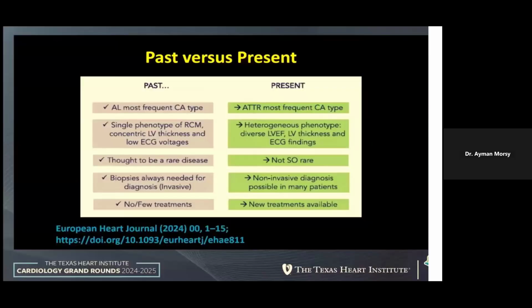From past versus present, what we thought in the past and what we think now. Before, we considered AL amyloid the most frequent cardiac amyloid type. But nowadays, sorry to say, most of our patients already diagnosed are ATTR type, not AL type.